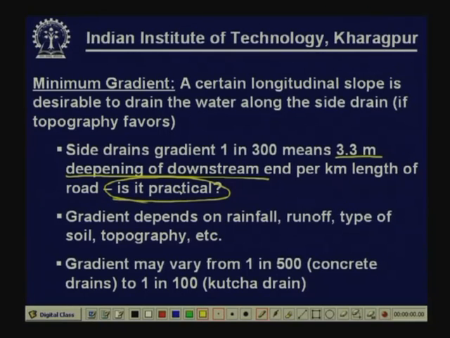That means the water can flow in the side drains without any problem. So, a certain longitudinal slope is desirable to drain the water along the side drain, and this should be attempted if topography favors. Matching it to the natural topography, a mild longitudinal slope may be beneficial.